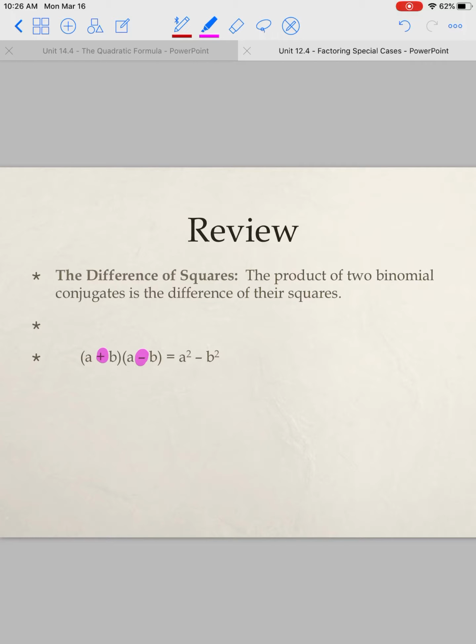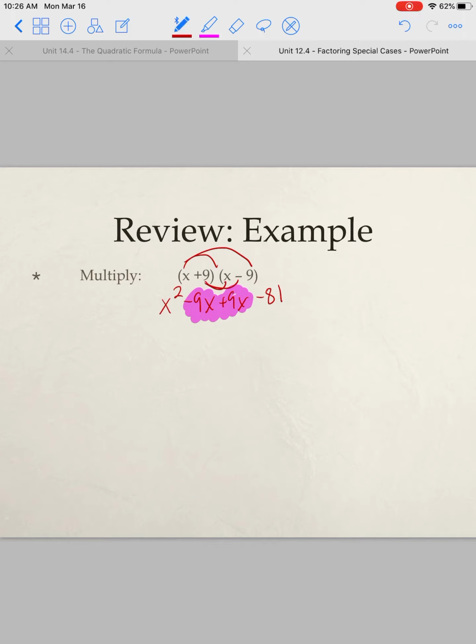All right, so let's look at this. Remember, in Unit 11, how we could distribute? I'd have x squared minus 9x plus 9x minus 81. When I combine my like terms, negative 9x plus 9x cancels. So really, all I'm left with is x squared minus 81.